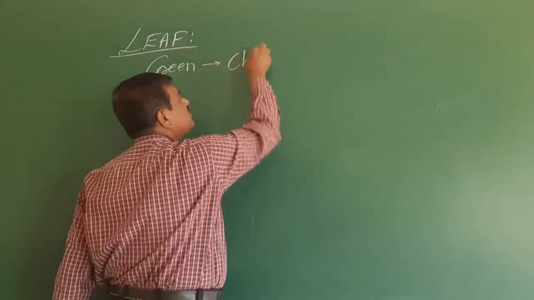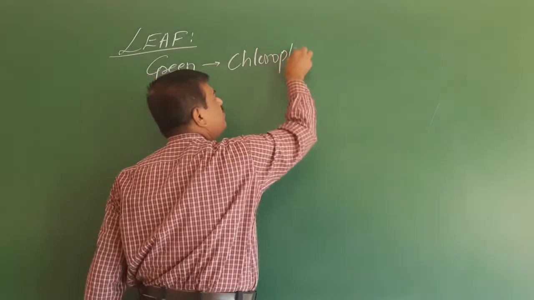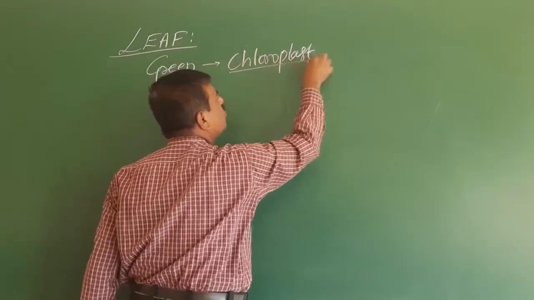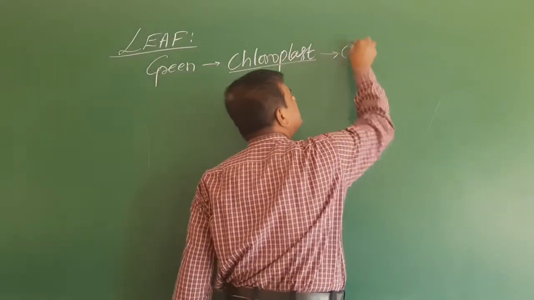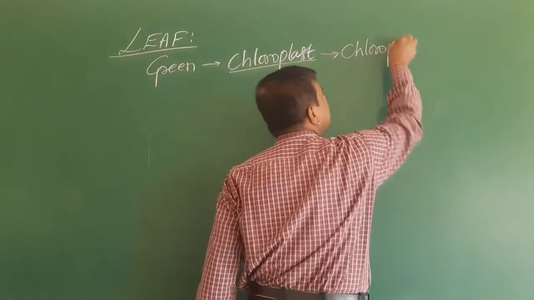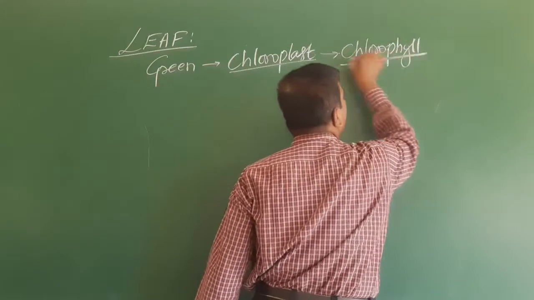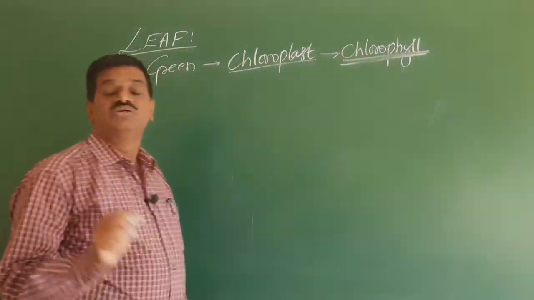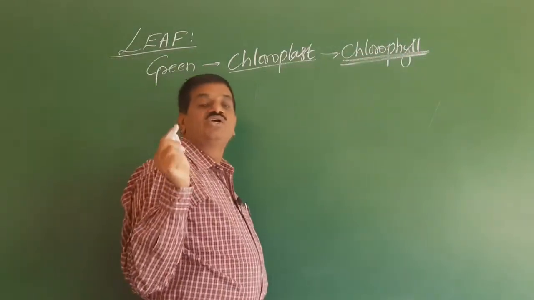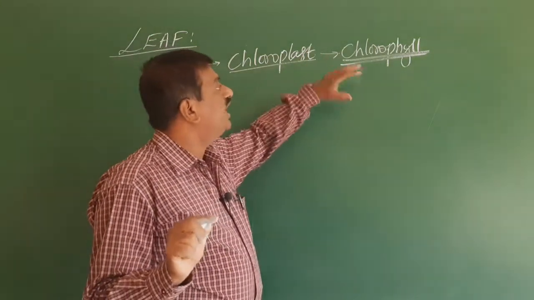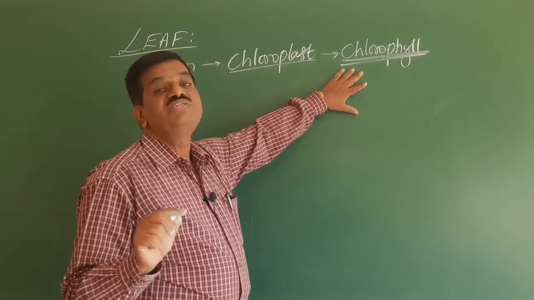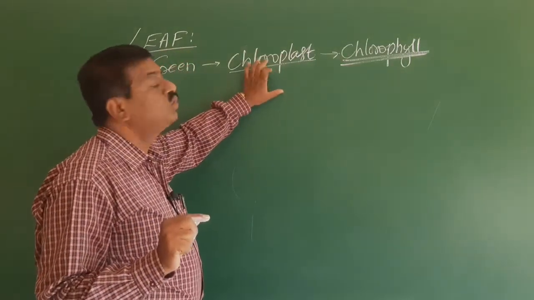Here the green cytoplasmic organelle is chloroplast. In the chloroplast there is a pigment called chlorophyll. Chlorophyll A, chlorophyll B, carotene and xanthophyll are the pigments present in the chloroplast.